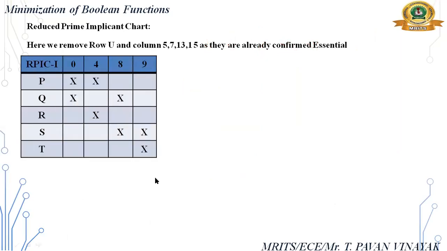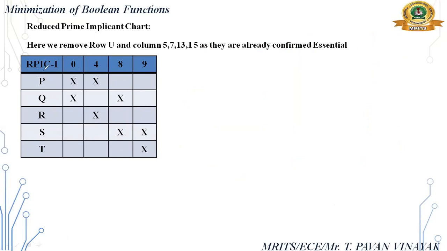Now check for single X's. A single X is not possible, nowhere is there a single X. Now what do we have to do? Again we have to reduce this chart, by finding the dominant row.